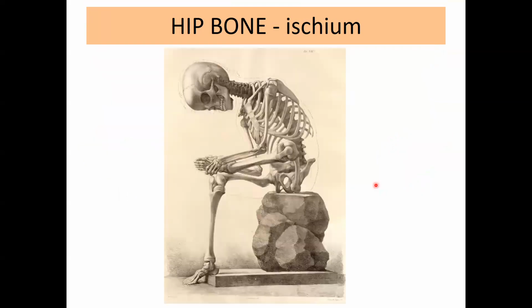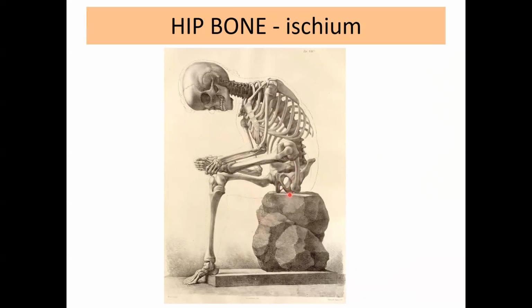Do you know when a person is sitting, the ischial tuberosity is actually in contact with the surface where that person sits. So the ischial tuberosity is a really tough bone because it transmits the body weight when bearing the body weight in the sitting position.